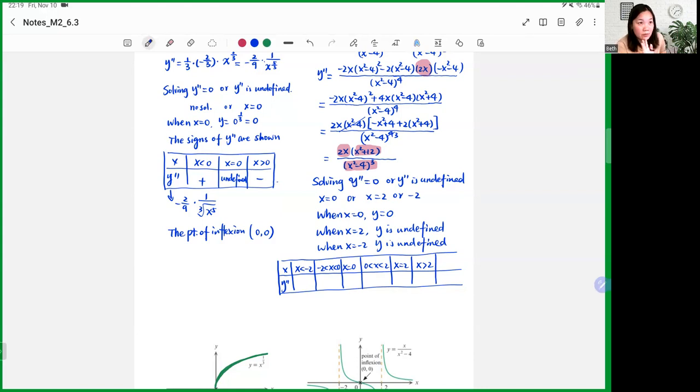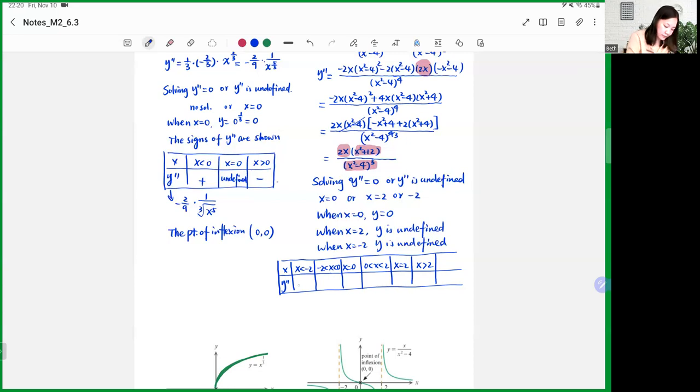Okay, now bear with me. The second factor is always positive, so I don't have to look at it. So when x is smaller than negative 2, that means negative numerator, positive denominator.